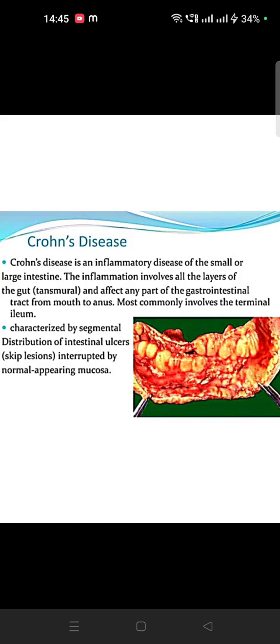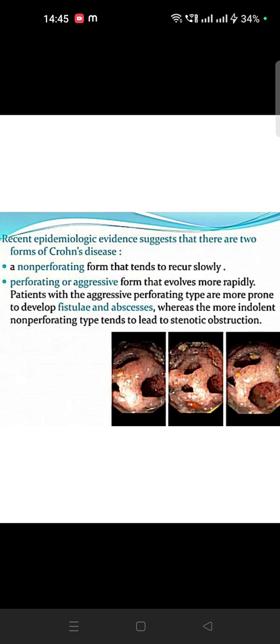Then Crohn's disease. Crohn's disease is an inflammatory disease of the small or large intestine, where the gut epithelial cells are affected. It can affect any part of the gastrointestinal tract from mouth to anus. It is characterized by distribution of intestinal ulcers as skip lesions interrupting normal-appearing mucosa.